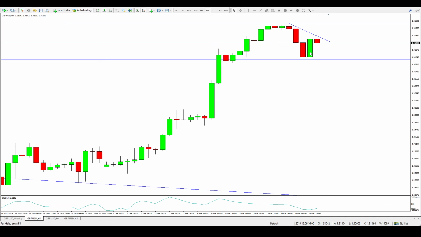I will be bullish on the pound dollar, GBP USD, I will be bullish. So I will be a buyer if I see a good buy opportunity above 131.42.